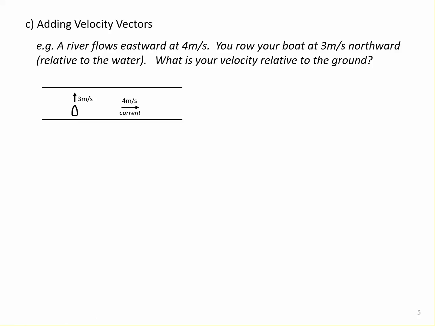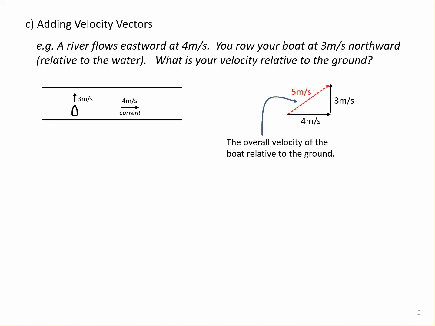Now let's think about what's going to happen. If there was no current at all, and you start rowing like this, you've got a velocity of 3 meters per second in the northern direction. So you just move like that, straight up. But because there's this current flowing, as you're moving up, you're also going to be moving horizontally to the right at the same time. So to get your velocity relative to the ground, here's what you do.